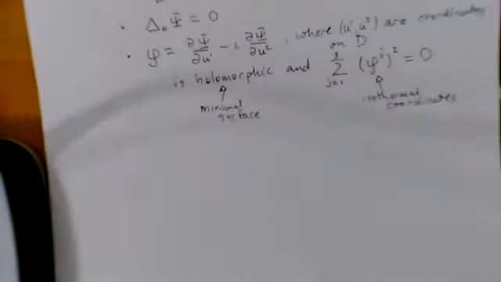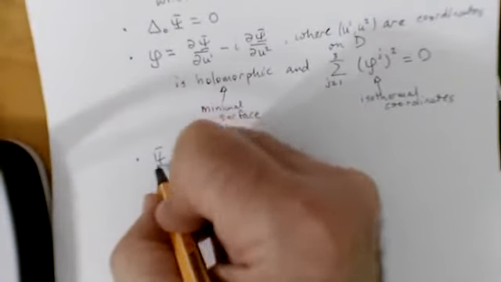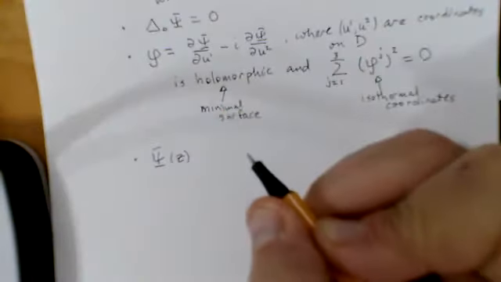And the third equivalent way we talked about last time is I can write phi of the complex coordinate z.